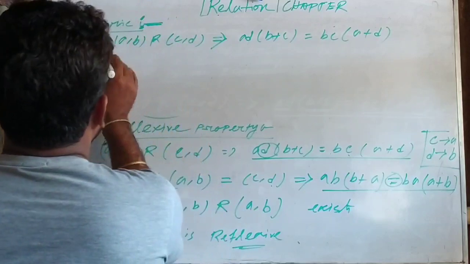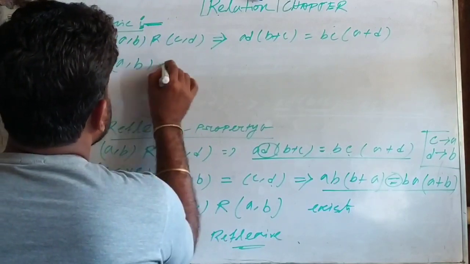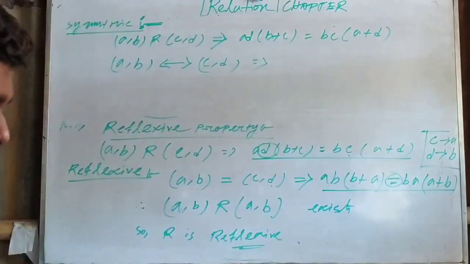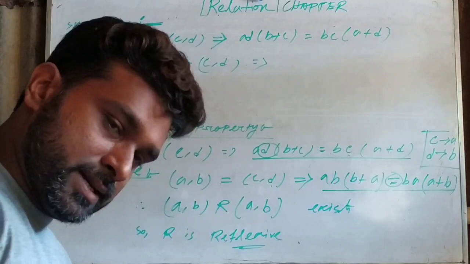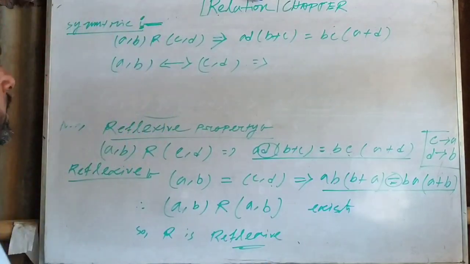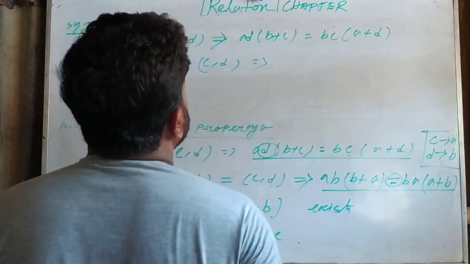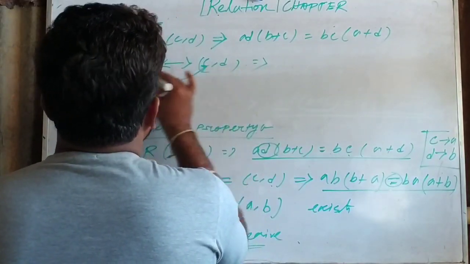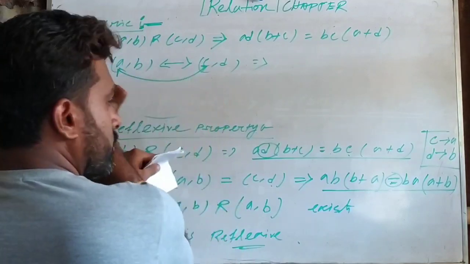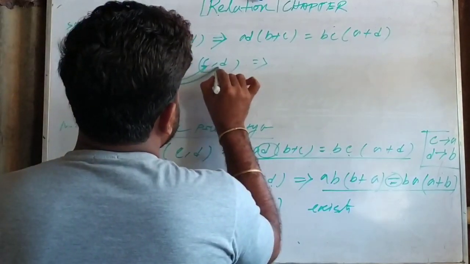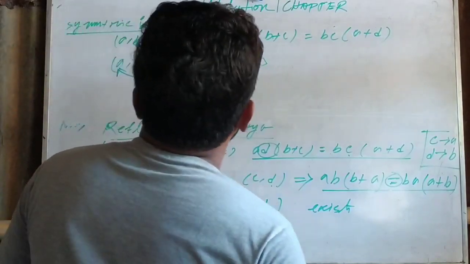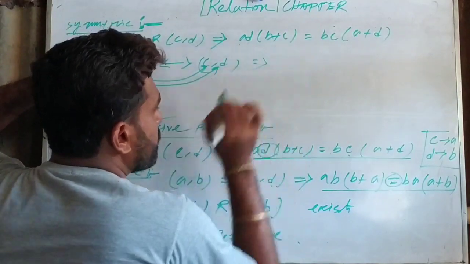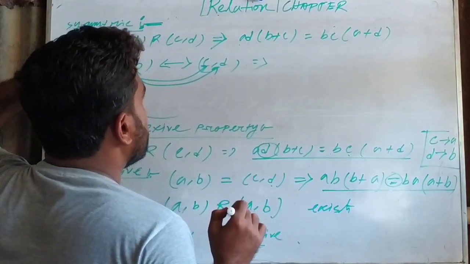Now we are going to interchange their positions. A comma B, interchanging with C and D. That means in place of AB, CD, and in place of CD, AB will come. In place of A, C should be written. At first, try to interchange the AB here.